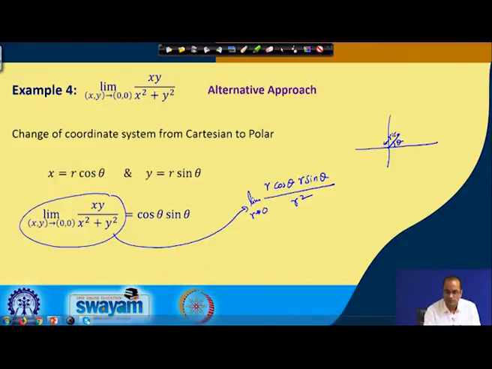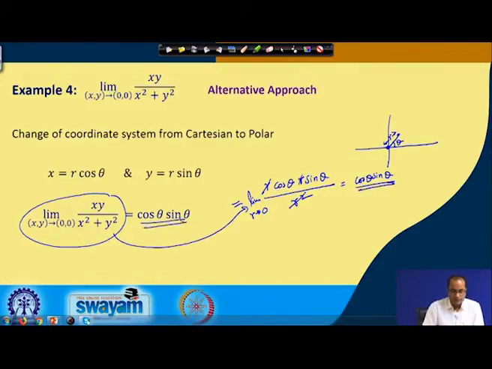So, independent of theta, if we take r to 0 we will approach this origin. So, here this limit (x, y) goes to (0, 0) will be equal to this limit r goes to 0 of r cos theta r sin theta over r square, and this r gets cancelled. So, we get cos theta and sin theta.